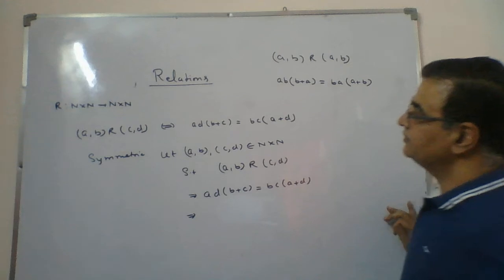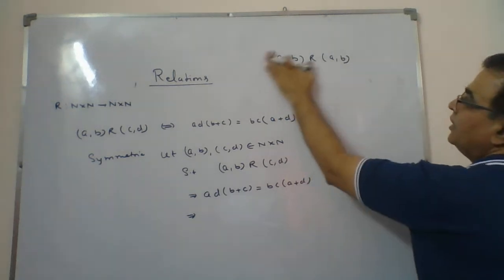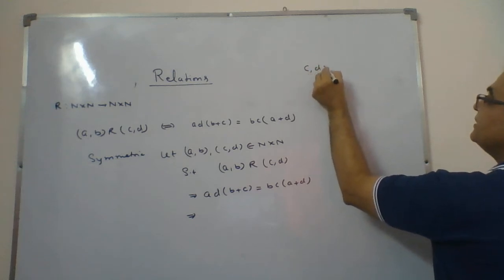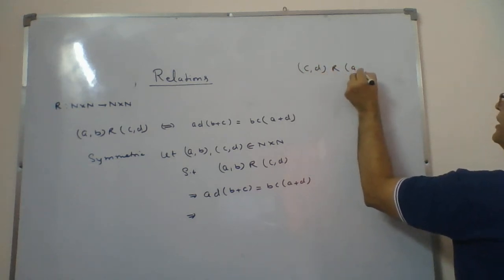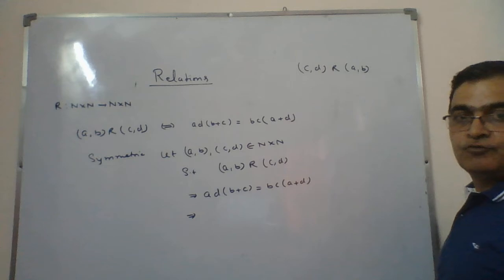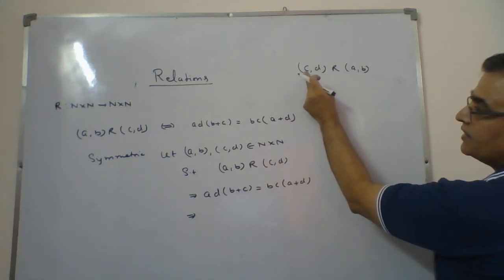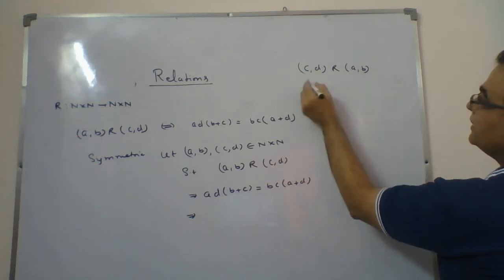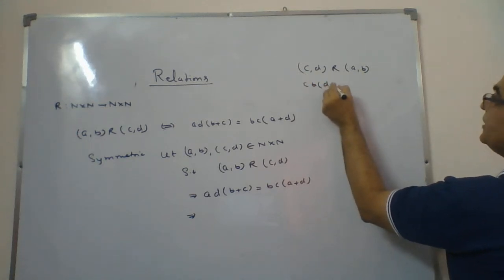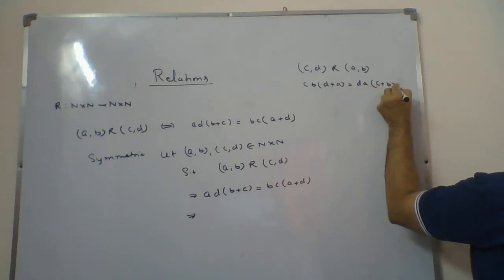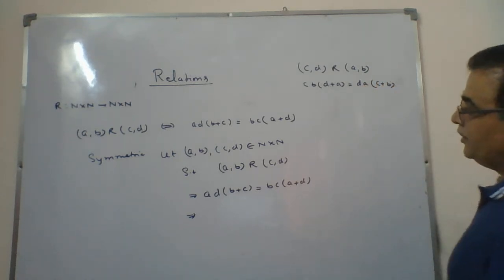Now this implies what you want in the question. Now I want that it should be this way, that (C,D) relates with (A,B). We have to prove that (C,D) relates with (A,B), means I have to take first CB into D plus A, and then it comes DA into C plus B. This is the result we want. Can you get it?